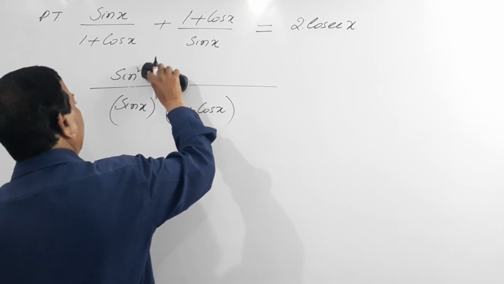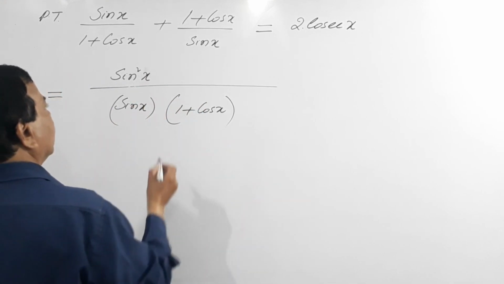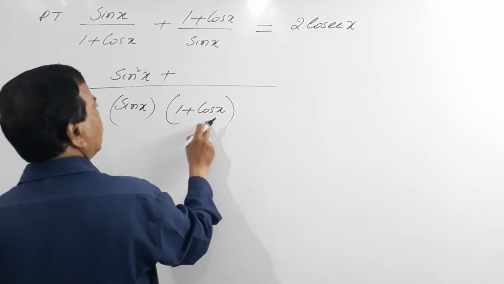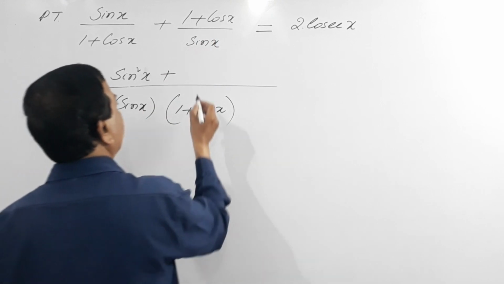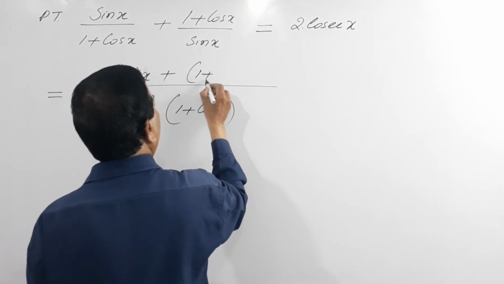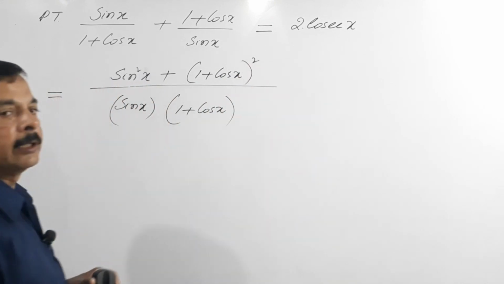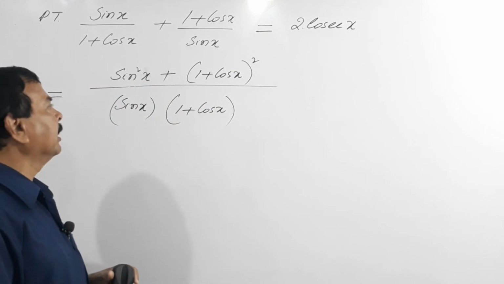Then sin square x plus, sin x cancels, 1 plus cos x, 1 plus cos x plus 1 plus cos x is 1 plus cos x the whole square. Correct? Can I write? Yes sir, please write.